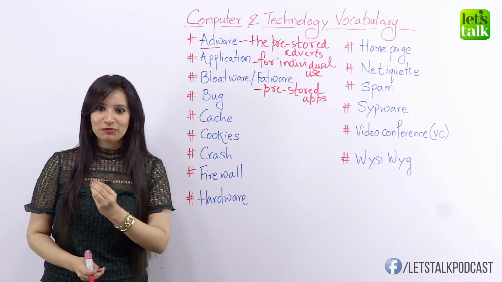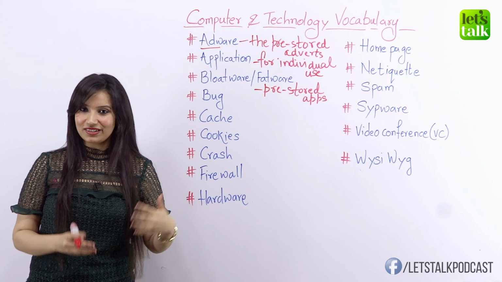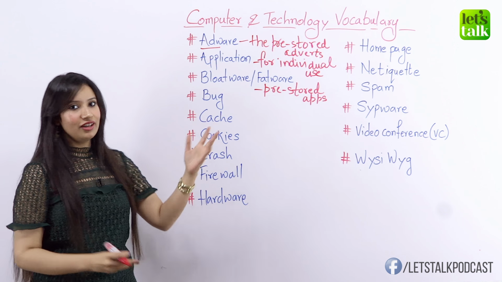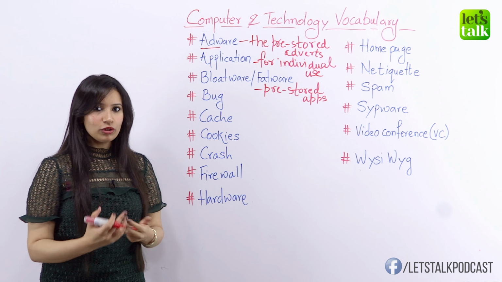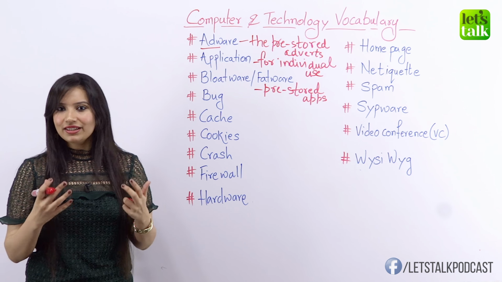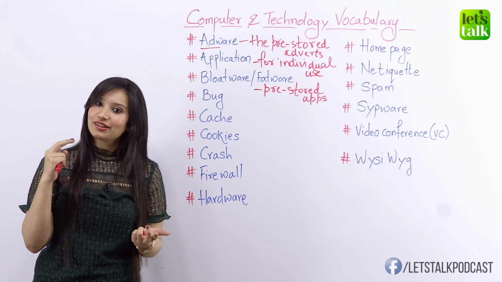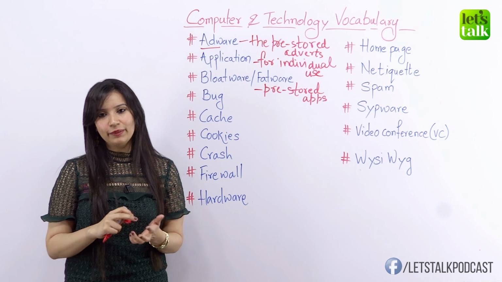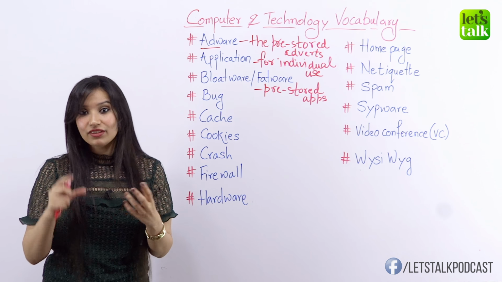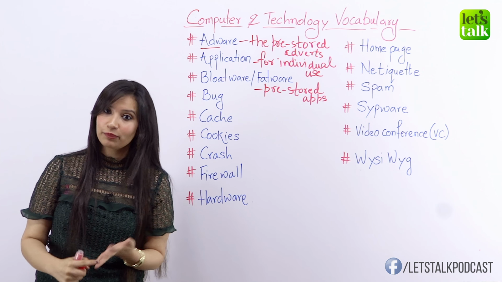Have you heard of this word before? Something like stop bugging me, stop irritating me. The same way the word bug means something that irritates you. So when you download a particular application or software, it has stored bugs in itself. So bugs are basically some faults in the written script of the application, for example JavaScript or PHP.